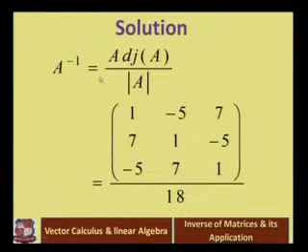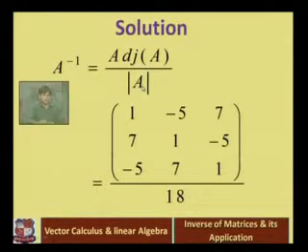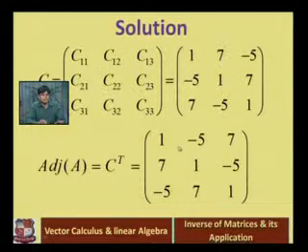Now we use the equation A inverse is equals to adjoint of A upon determinant of A. This is the equation to find the inverse by determinant method. Put the value in this equation. Adjoint of A that we found in the previous slide, that is 1 minus 5 7, 7 1 minus 5 and minus 5 7 1.